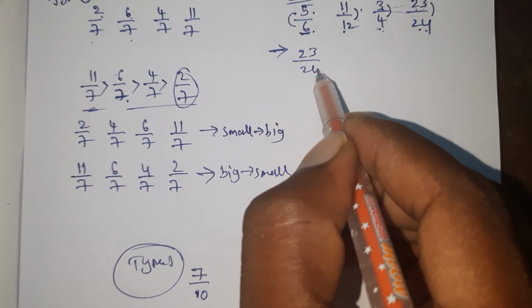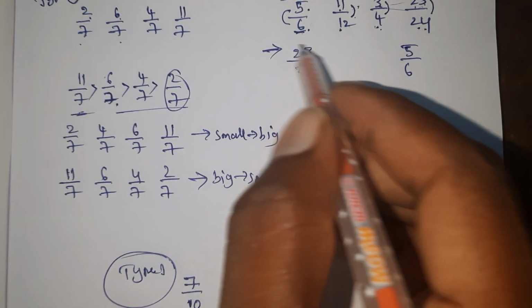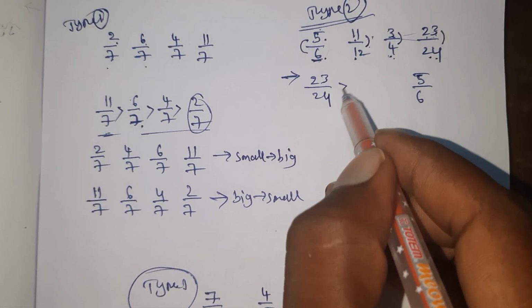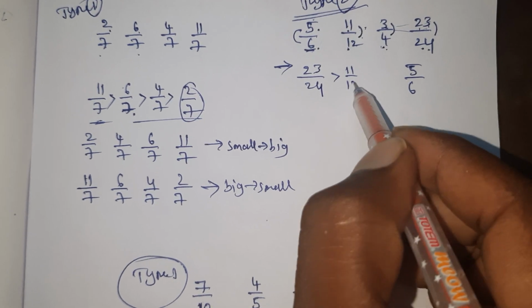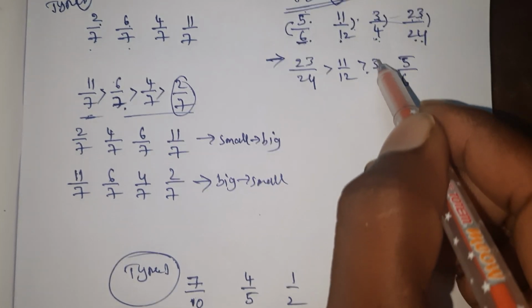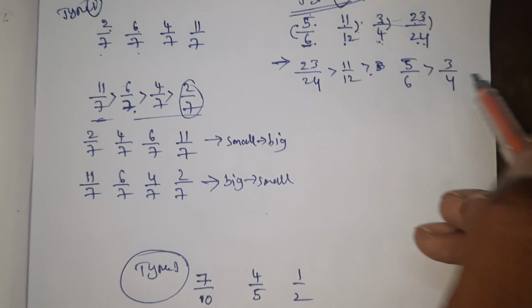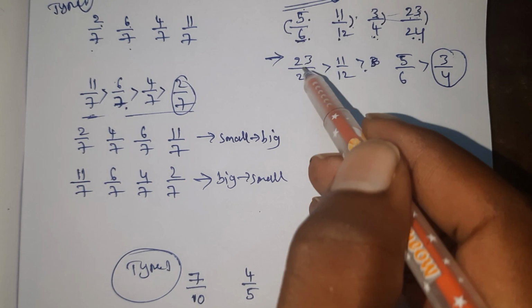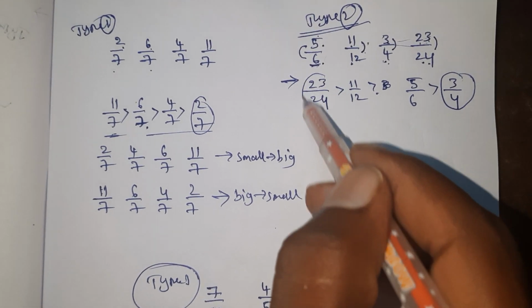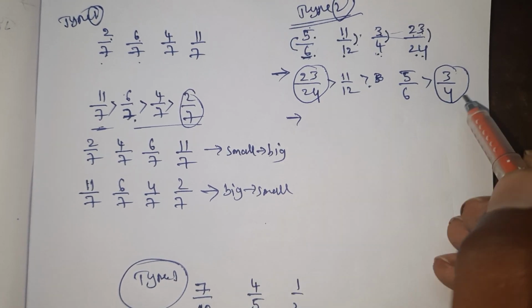23 by 24 is the highest fraction, and 3 by 4 is the lowest fraction. 23 by 24 is greater than 11 by 12, and 11 by 12 is greater than 5 by 6. 5 by 6 is greater than 3 by 4. If you arrange in ascending order, it means small to big.